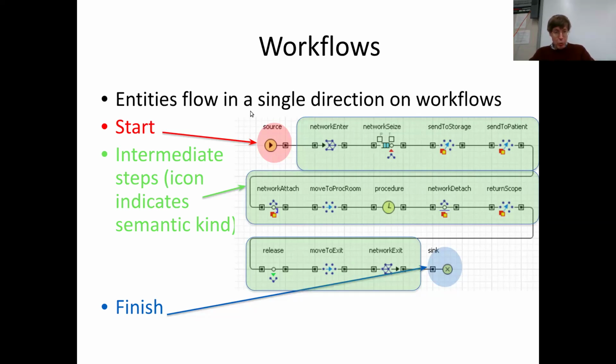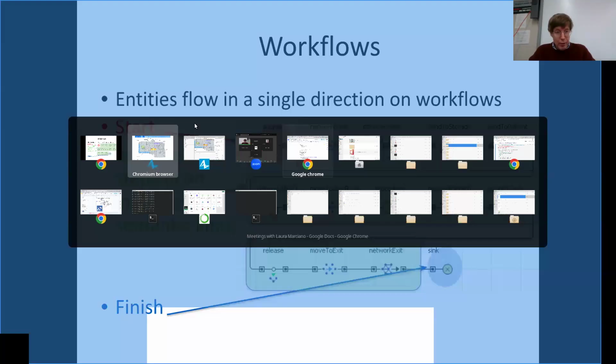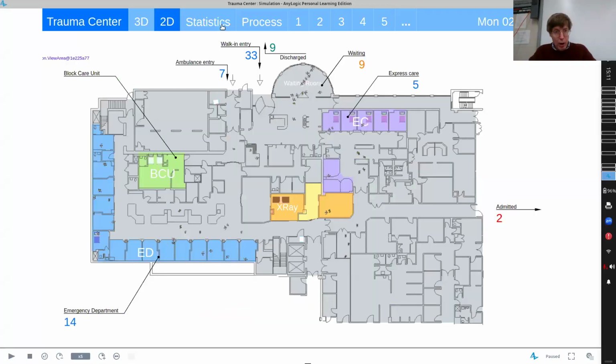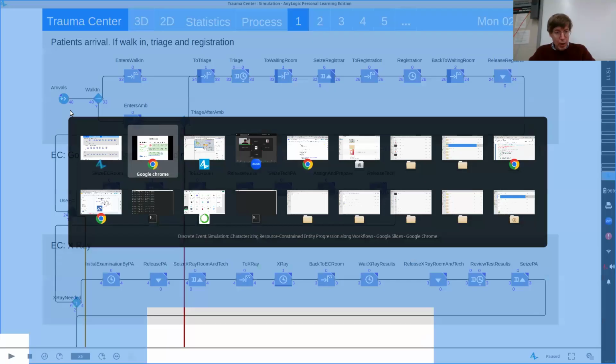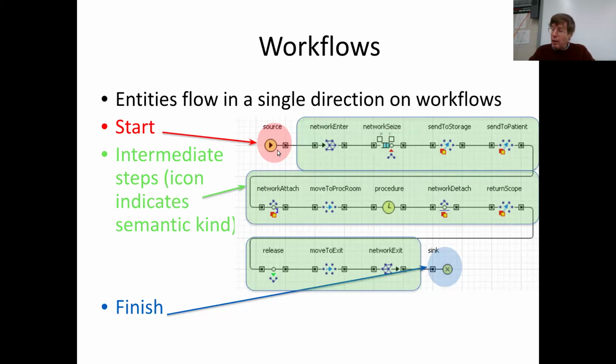Okay, let's talk about these workflows. Workflows commonly enter via some sort of mechanism. This could be a more anonymous sort of source. It can also be a type of entry point which is more suitable for hybrid modeling where agents could enroll themselves in it.